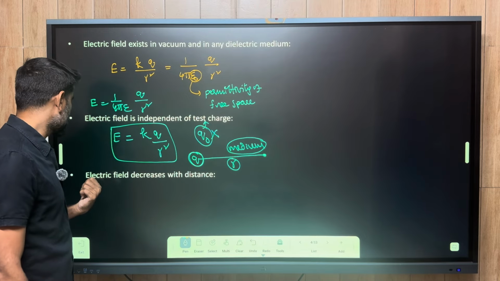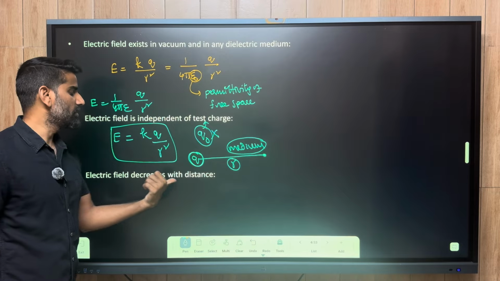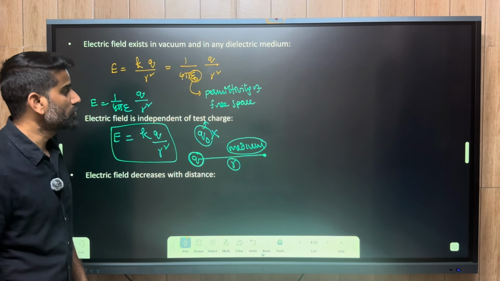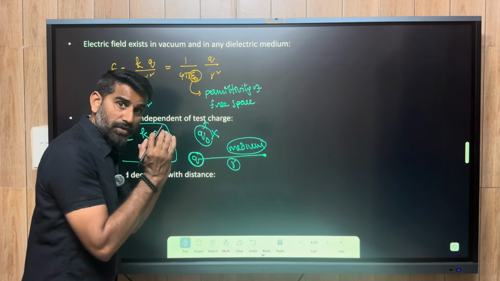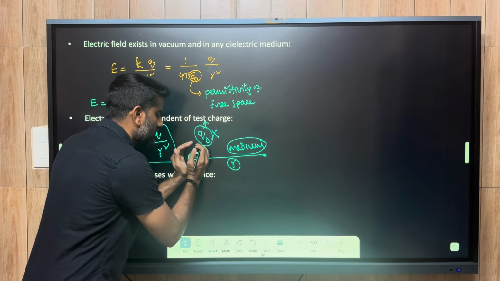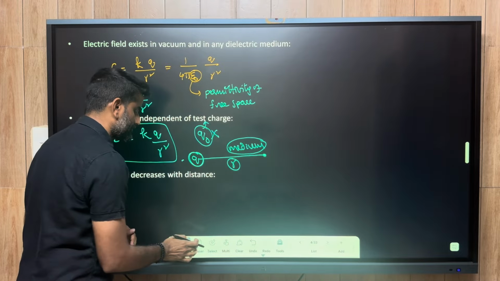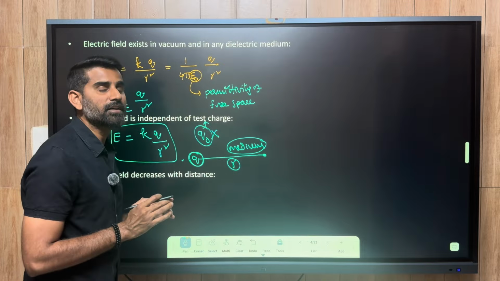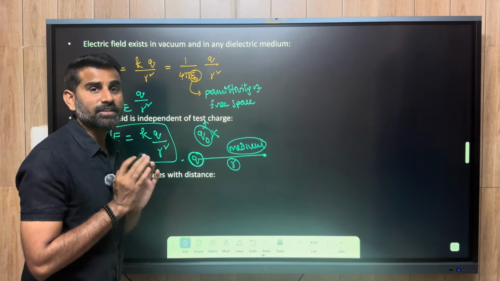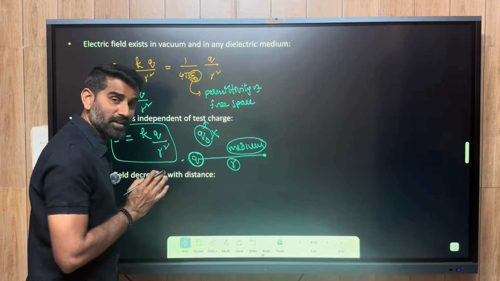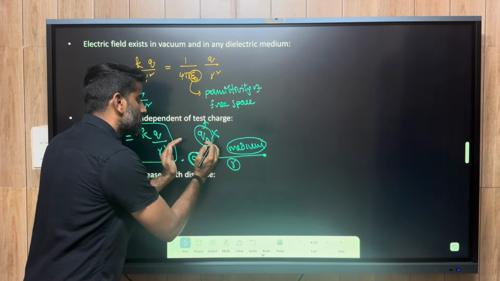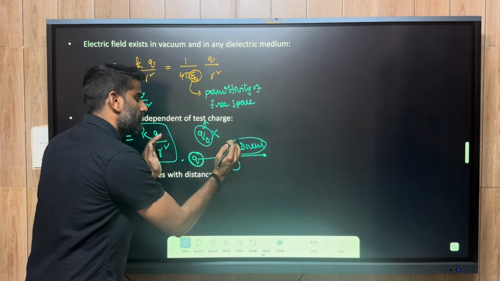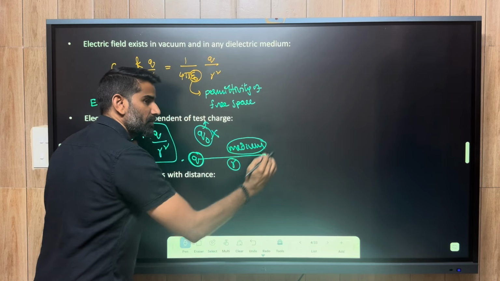Now let's move on to the next statement, that is, electric field decreases with distance. As I've already told you, the electric field strength is greatest near the charge. As we go away from the charge, the electric field slowly decreases.